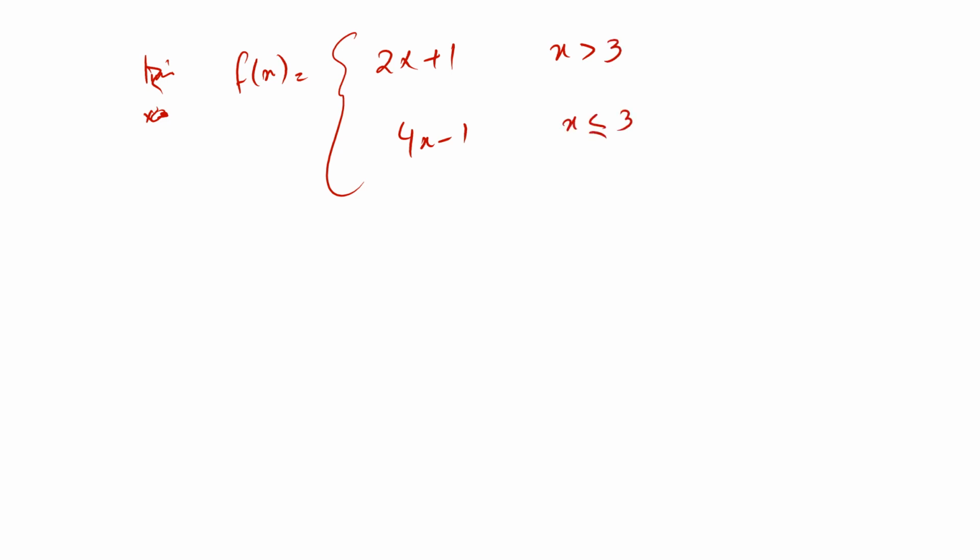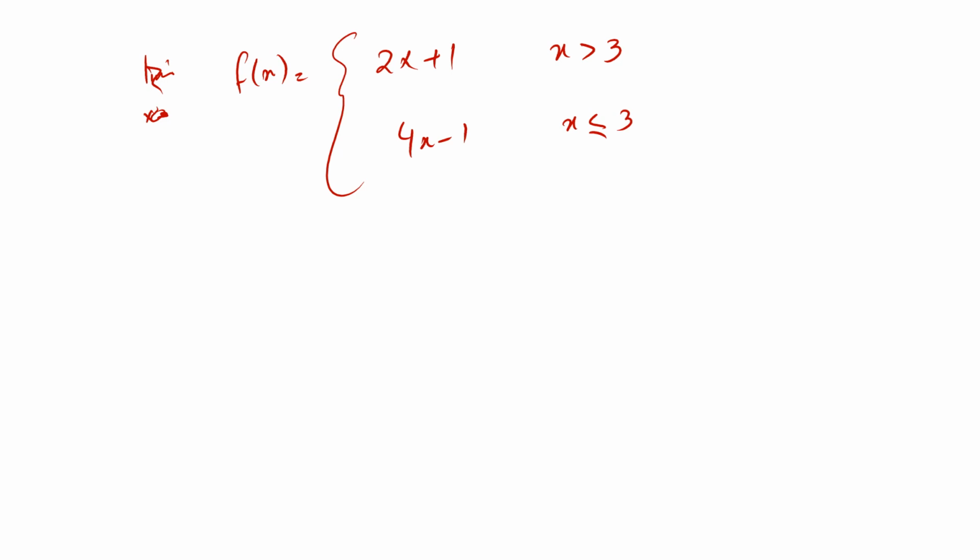Let's see one more example to make things clearer. So for example, this is 2x plus 1 and it is 4x minus 1, for x greater than 3 and x less than or equal to 3.